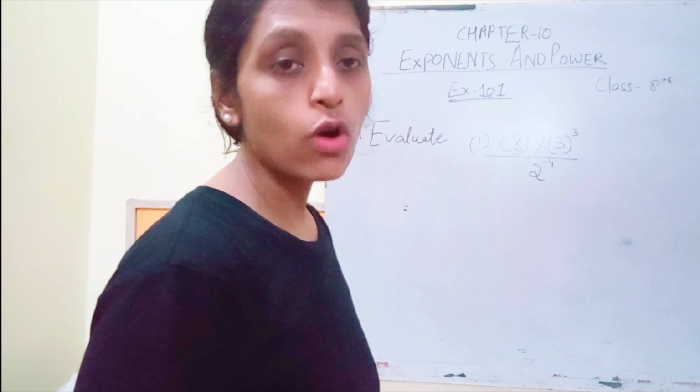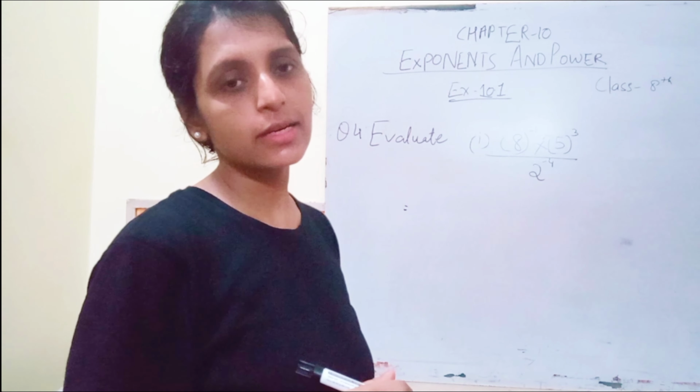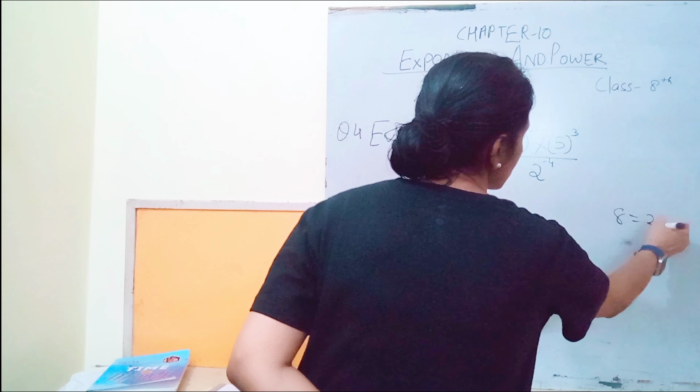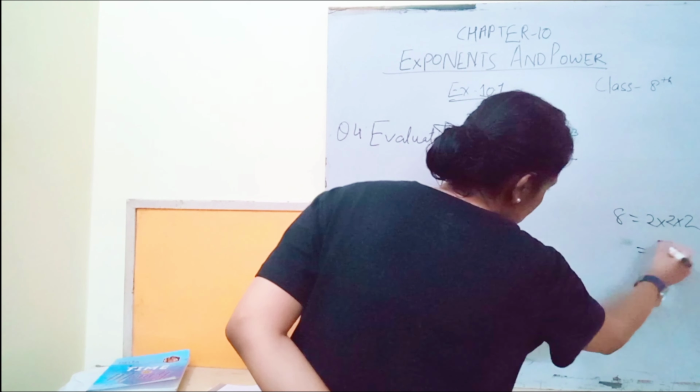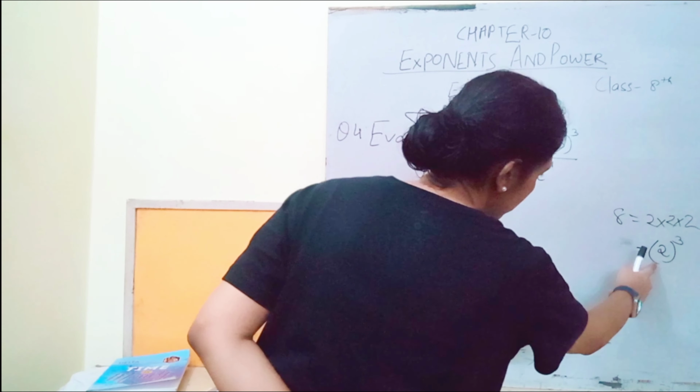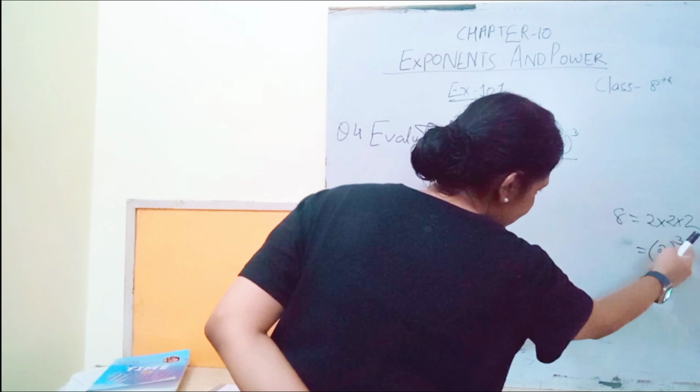8 को हम 2 के पावर्स में कैसे लिख सकते हैं? 8 can be written as 2 into 2 into 2, that is 2 raised to 3. 2 raised to 3 क्यों? क्योंकि 2 is multiplied 3 times.